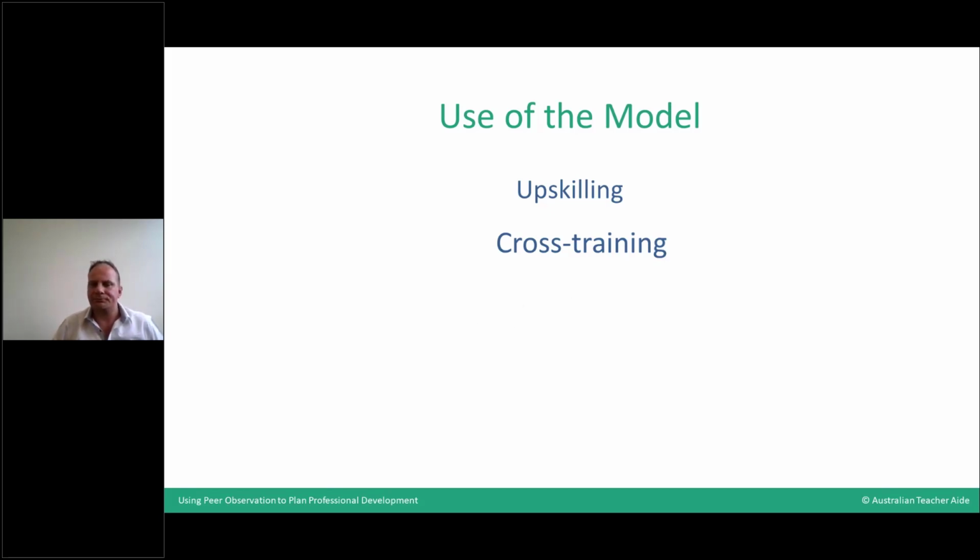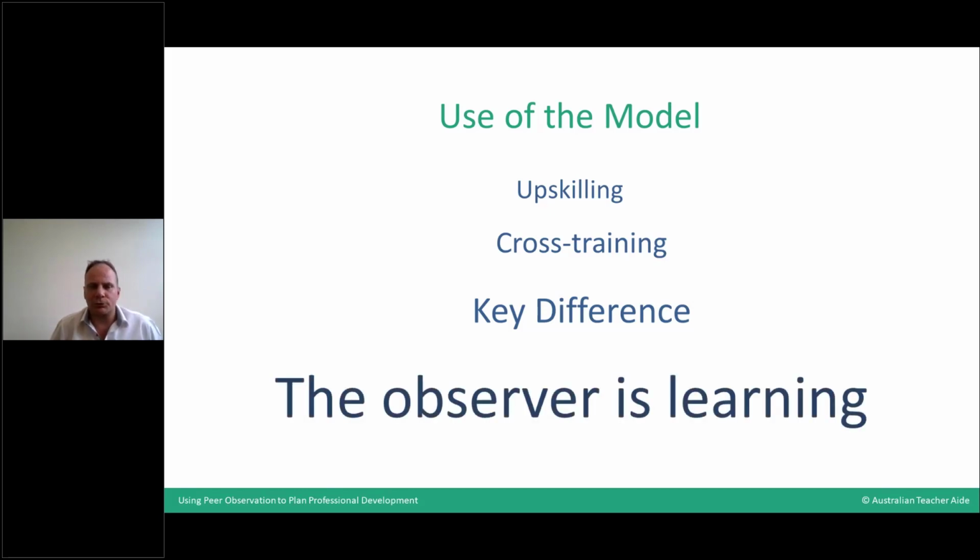Probably the key takeaway or the key difference to remember is that the person who is observing is the student, right? They are learning. They are not there to teach the TA that is actually running the class.